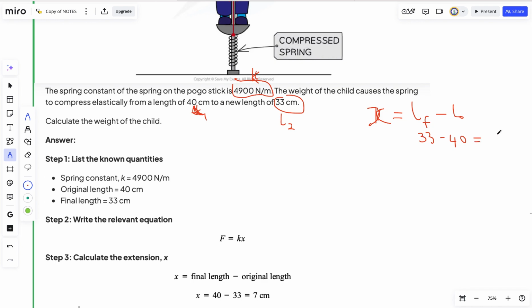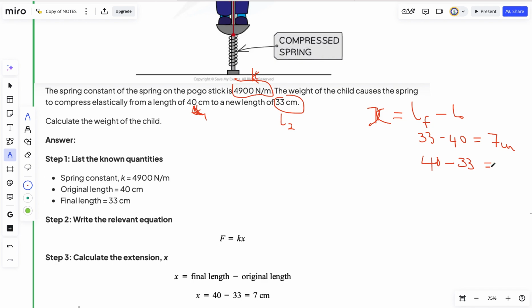So we have 7 centimeter. So 7 divided by 100 if you want to change to meter. We get 0.07, right? If we change it to meter.